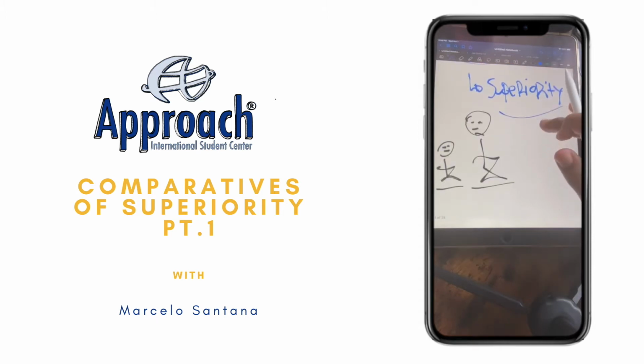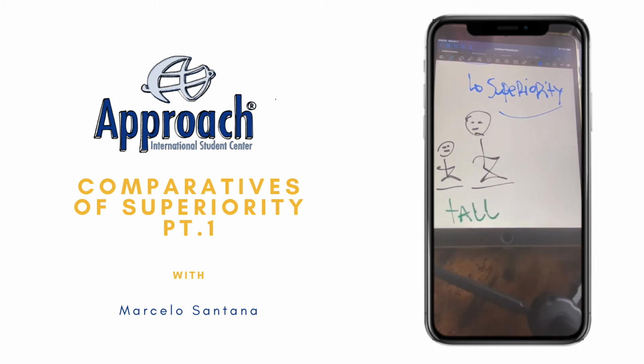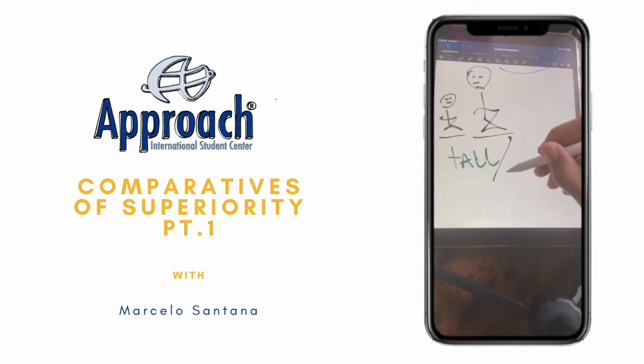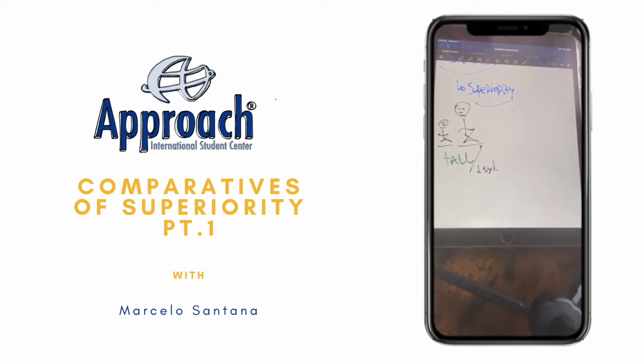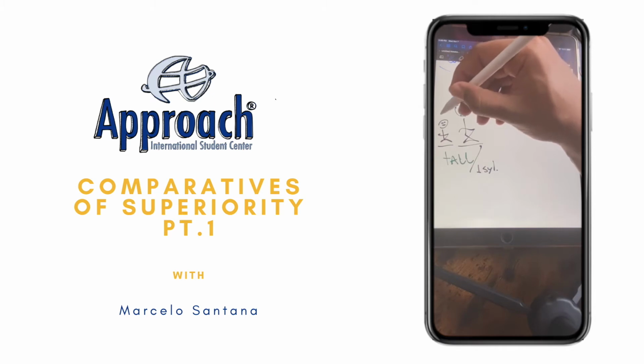So to start teaching you this lesson, I'm going to use the adjective tall. Because the adjective tall has only one syllable, guys, this is the sentence I'm going to write. Pay attention. Let's imagine that this guy's name is Bob and this person's name here is Sid.